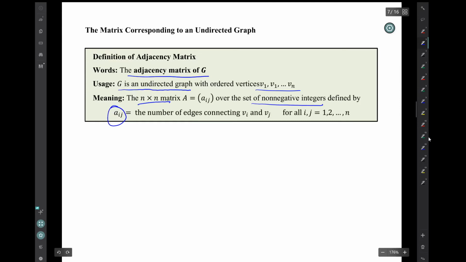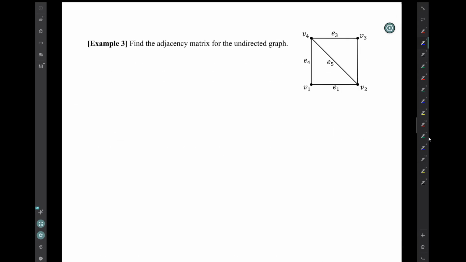The entry aij is equal to the number of edges connecting vi and vj for all combinations of i and j. So for example, find the adjacency matrix for this undirected graph. Well, this is a graph with 4 vertices, so we need a 4 by 4 matrix.